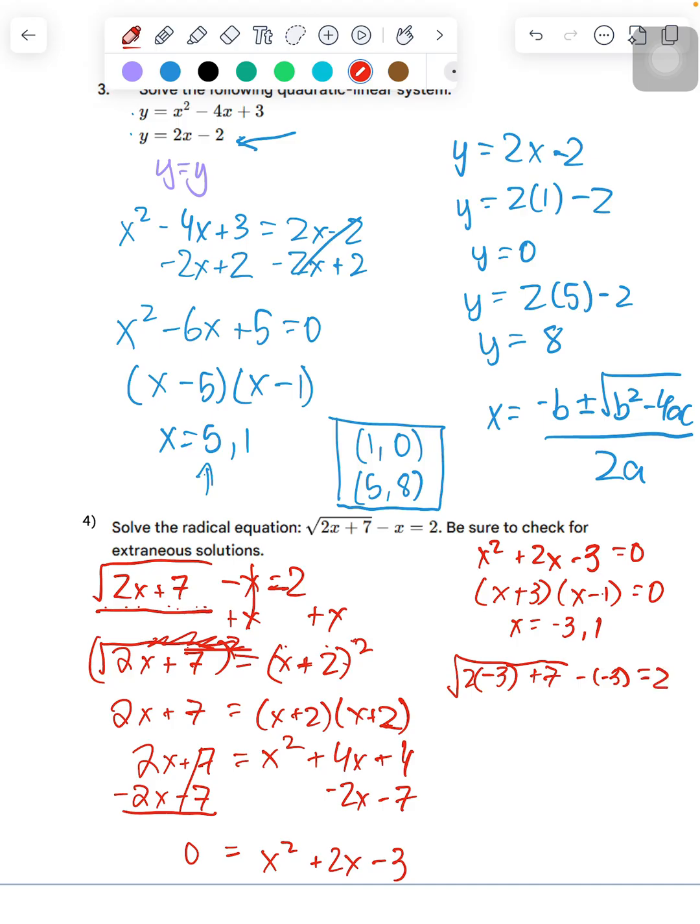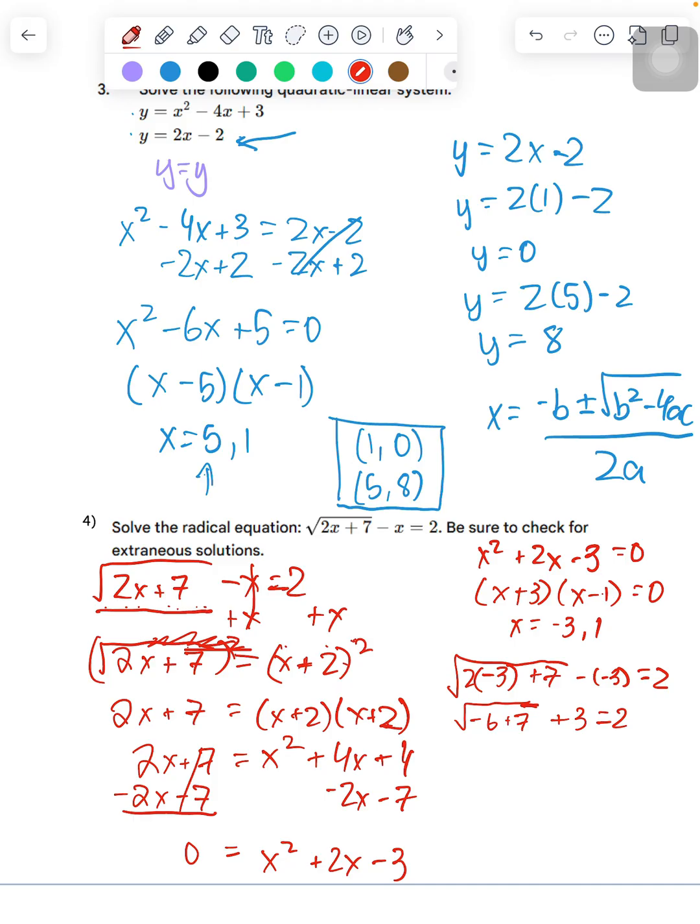I'm going to see if that works out. 2 times negative 3 is negative 6. Negative 6 plus 7, minus negative 3 is plus 3, equals 2.